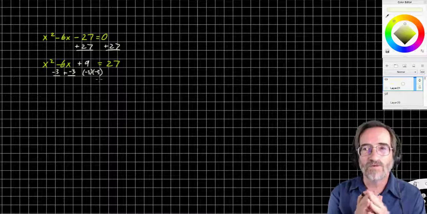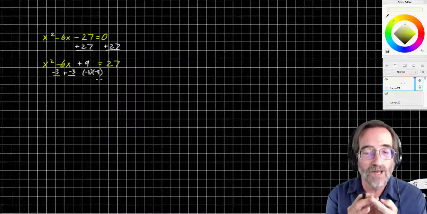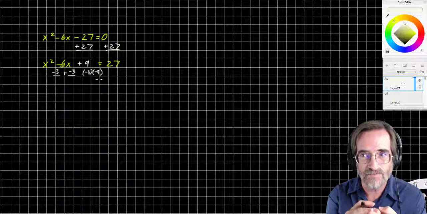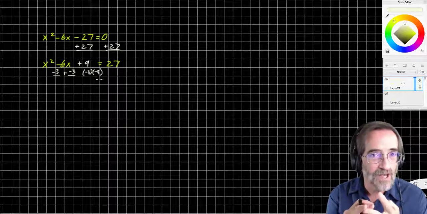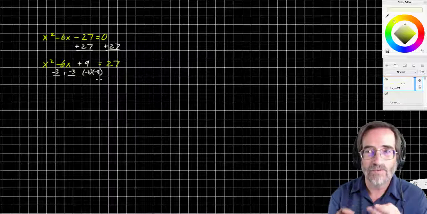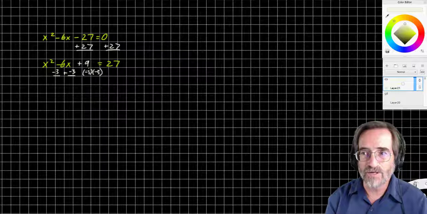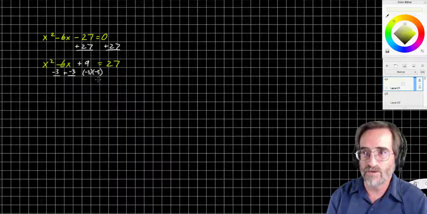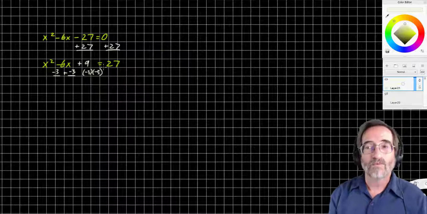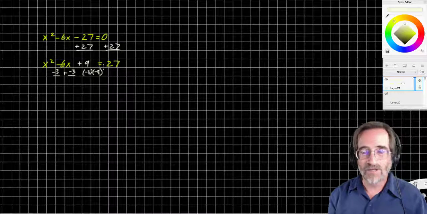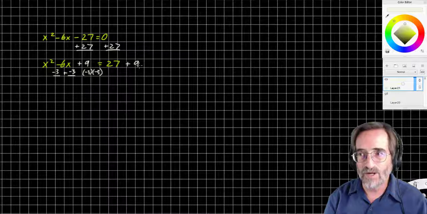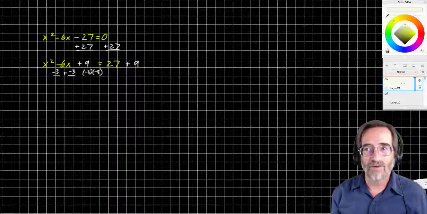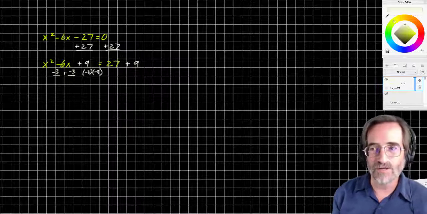Let me review again what I just did. I think of a number that adds to itself to make -6, which is -3. -3 plus -3 is -6. And then to get the 9, I multiplied -3 by -3, because the last term is the product of the two numbers. Now, equations require balance, so I added 9 to the left side of the equation, so I need to add 9 to the right side of the equation.